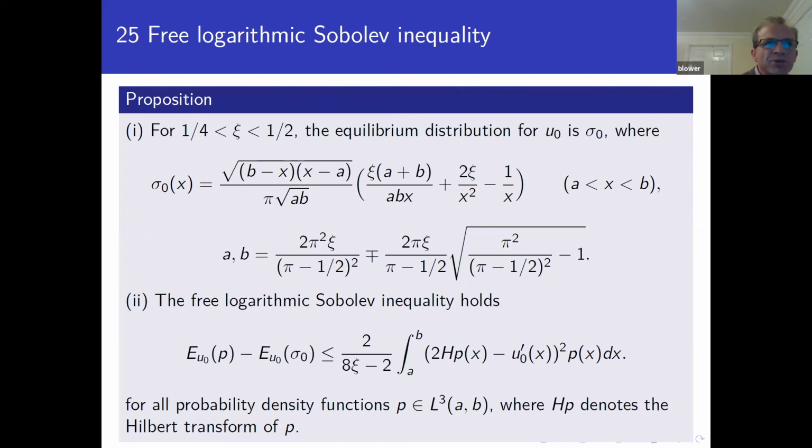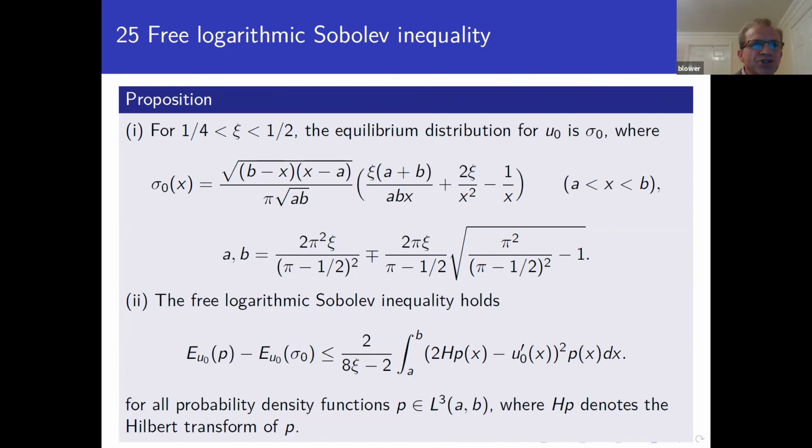And the other piece of information we obtain is that the electrostatic energy satisfies a logarithmic Sobolev inequality in the sense of Voiculescu. What I'm basically saying is that the electrostatic energy for a more or less arbitrary distribution can be compared with the electrostatic energy from a minimizer by means of a certain quadratic integral. Now, integrals of this form were introduced by Voiculescu, and the version that I'm describing here was obtained by Bian.